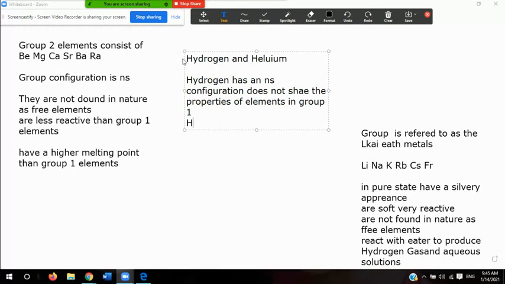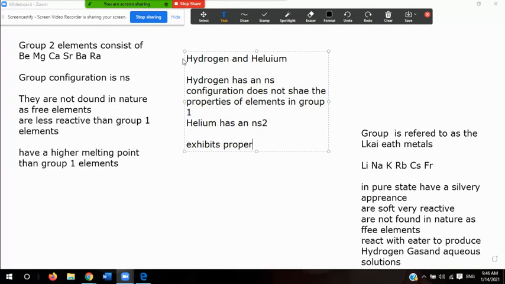Helium has an ns2 configuration. It exhibits a noble gas nature because it is stable.